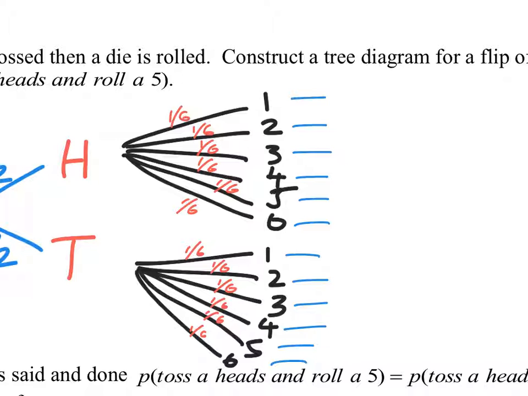So multiple events means multiplication, because I want the 1/2 to occur first and then the 1 out of 6. So I'd be looking at a product of 1 out of 12. And because this is a uniform distribution, it's 1/12 all the way through.